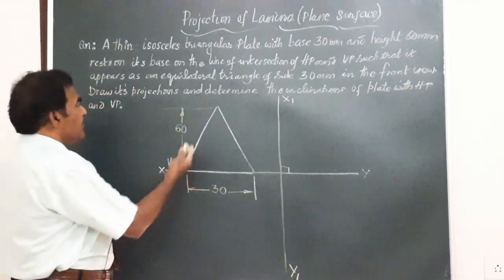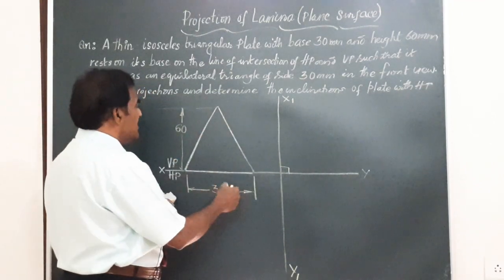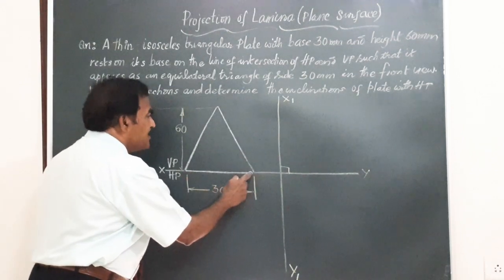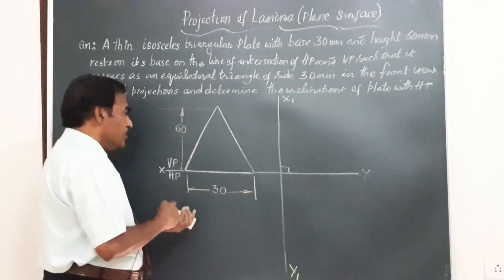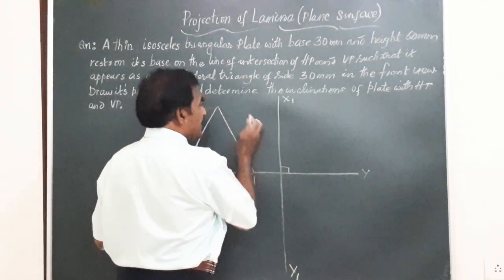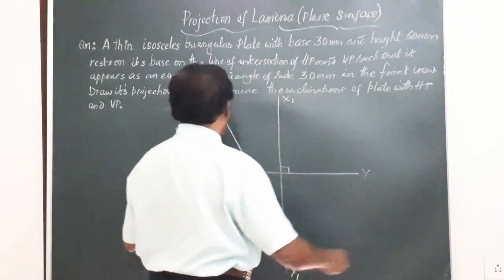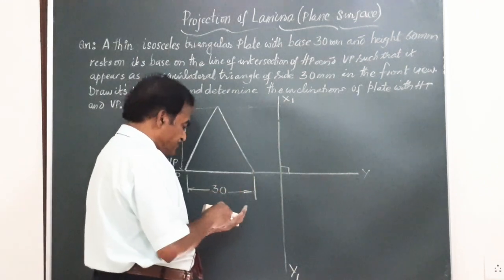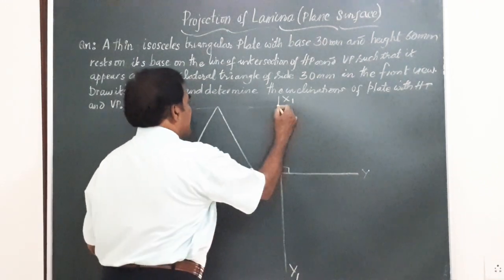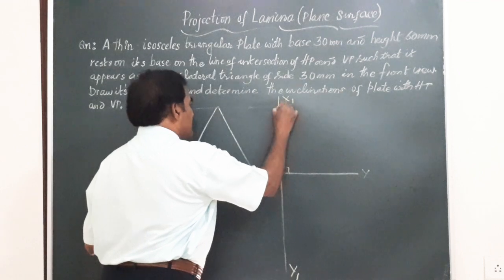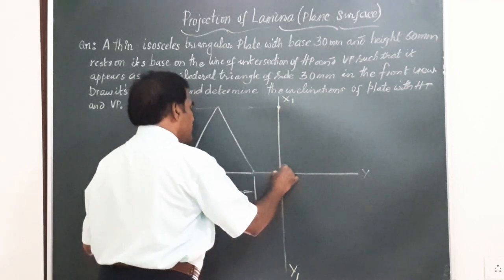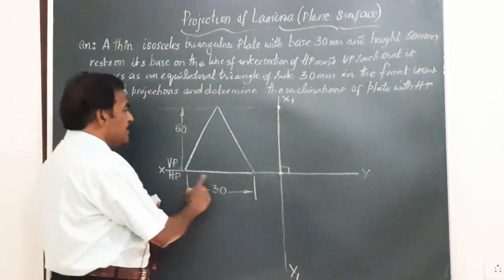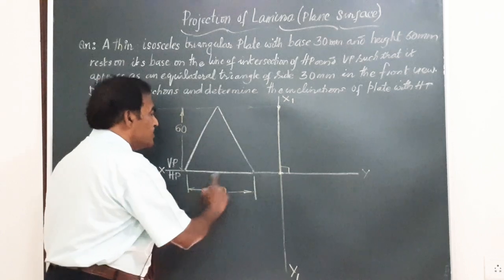So, friends, you have got the front view, an isosceles triangle, and here this is going to be the side which is resting on XY, and in the side view you are going to get on this line, that is on the line of intersection of VP and the right profile plane. So, friends, I will just mark here a vertical line. This vertical line will represent the side view. Friends, here you know very well, this side of the triangle should be on XY.